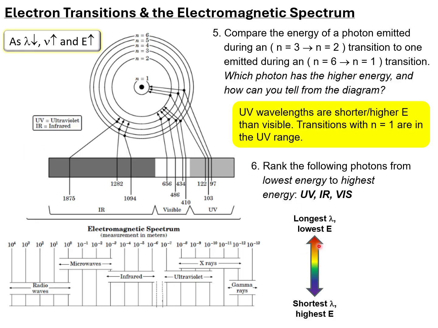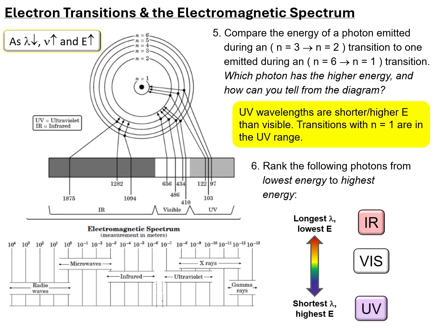I tried to line it up. The longest wavelength has the lowest energy, the shortest wavelength has the highest energy. So the longest wavelength is IR, so that's going to be the first one. Visible is in the middle. And then UV, out of those three, has the shortest wavelength.